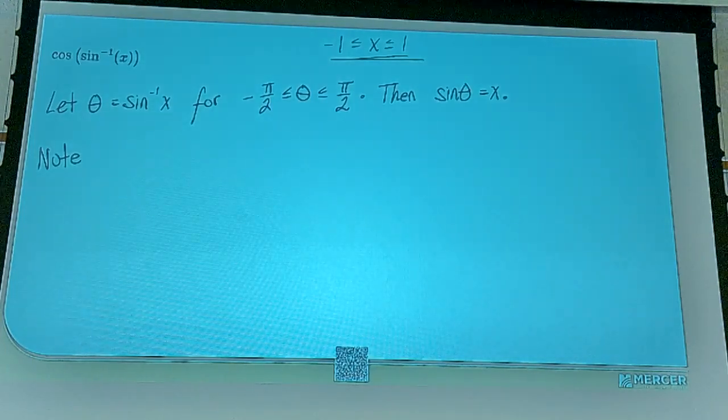It's the right semicircle, so cosine is definitely positive. But now the endpoints are included, which means cosine can now be 0. Right? Cosine now is non-negative.